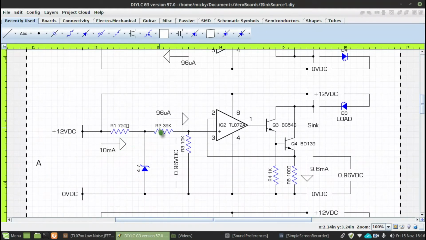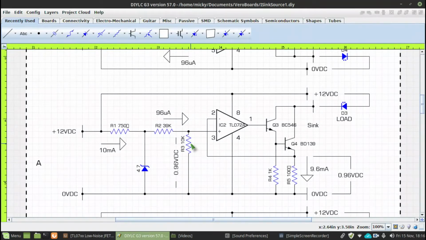Next you have a voltage divider, which I've set up here with a 39k. These are standard values, 39k in series with a 10k, assuming a very high impedance here on the positive input of the op-amp.